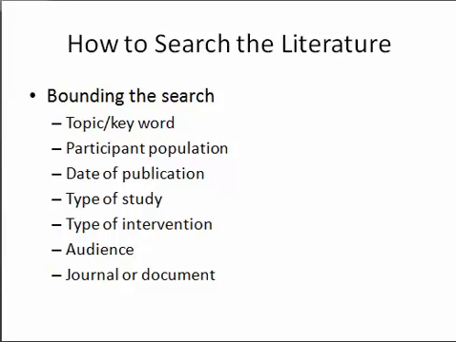So if you were looking at something on relaxation routines for kids with disabilities, you might choose to enter relaxation routines, and that might lead you to a whole bunch of articles. You might choose to narrow that down and look at relaxation routines and kids with autism, or relaxation routines and kids with mental retardation.